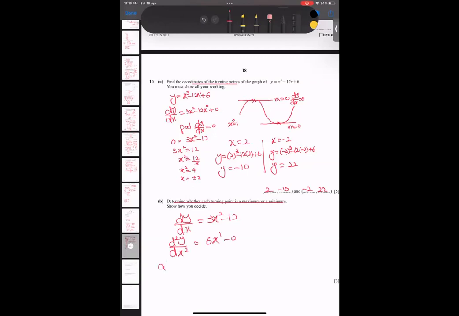At x equal to 2 and x equal to -2, I will put these into the second derivative. What is the criterion? If the second derivative is positive, it is a point of minima. But if the second derivative is negative after putting in x, it is a point of maxima. So don't forget these two criteria.